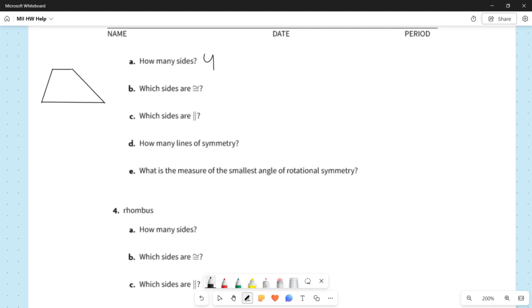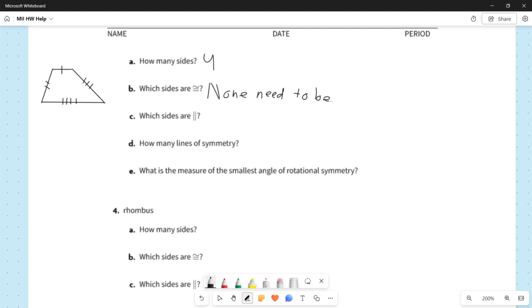But if you have a generic, quote unquote random trapezoid, none need to be. So if I have a trapezoid that's like, say, 1, 2, 3, 4, which is certainly possible, in that situation, none of them are congruent.